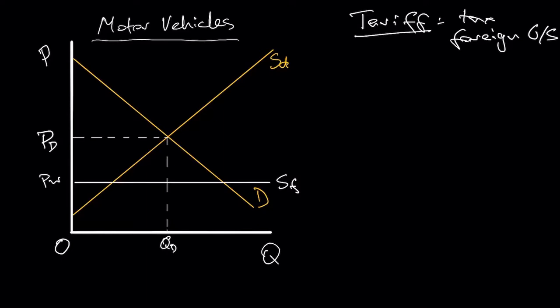Looking at the diagram here, we can see that the domestic country has a comparative disadvantage in the production of motor vehicles, and we can see that because the world price is actually below the domestic price. Now, in a normal open market, we'd see the production of cars locally contract to Q1, and the consumption of cars increase from QD to Q2.